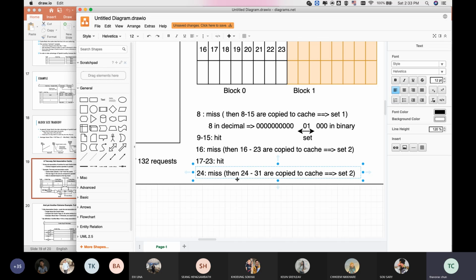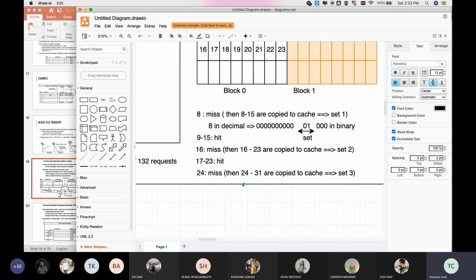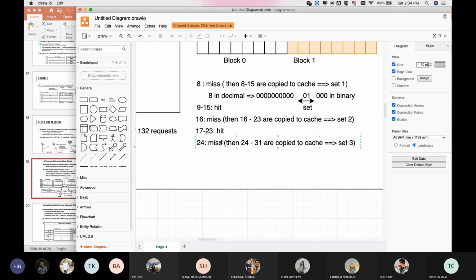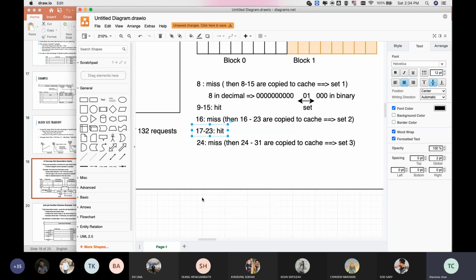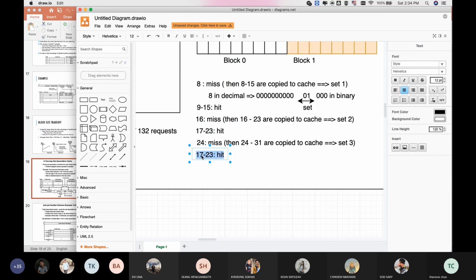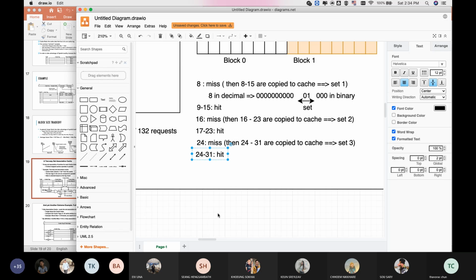It will cache, and it should be in set number 3. Okay. So the address 24 to 31 here, hit. All right.